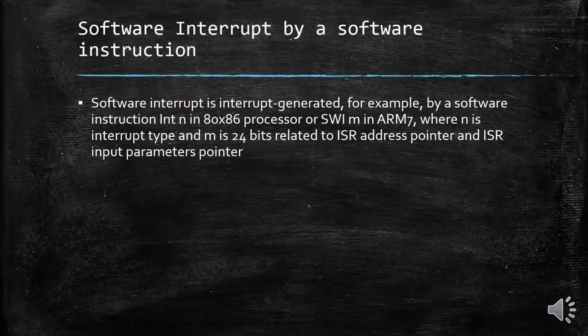Here the software sources for interrupt are related to software detecting a computational error or exceptional condition during execution and thereupon executing a software interrupt instruction, which causes a processor interrupt of the ongoing routine.